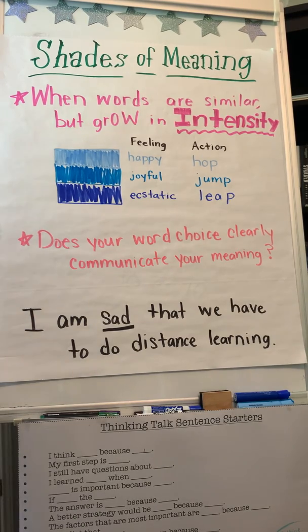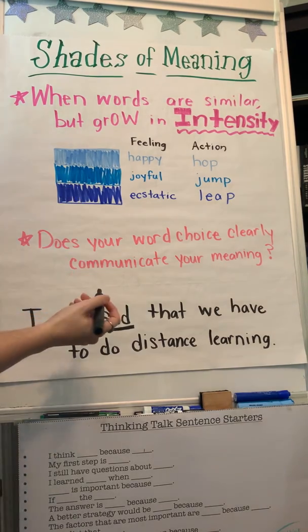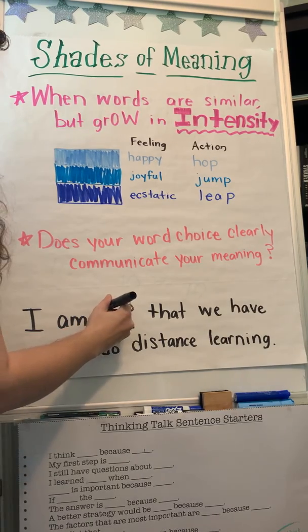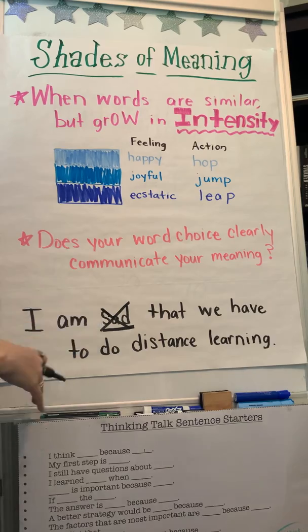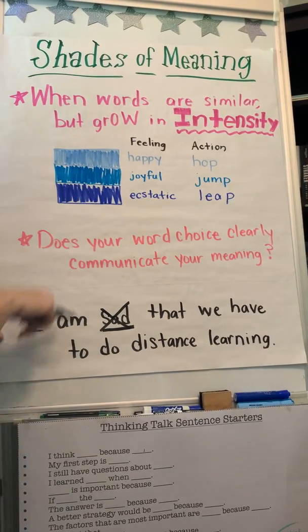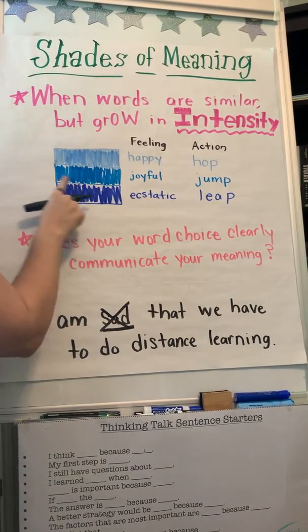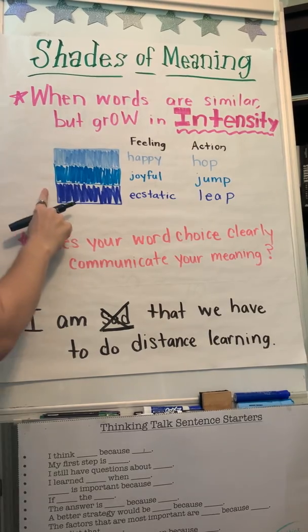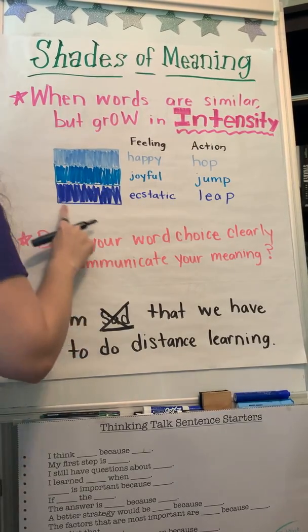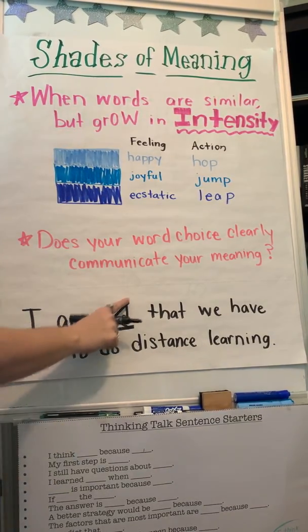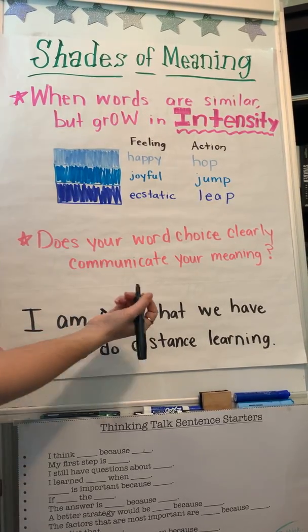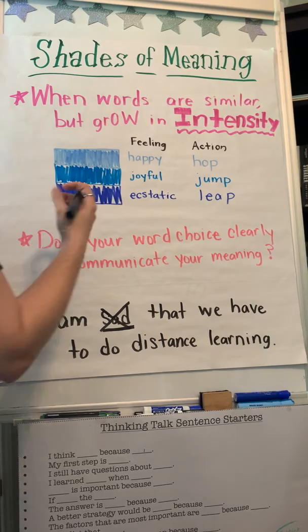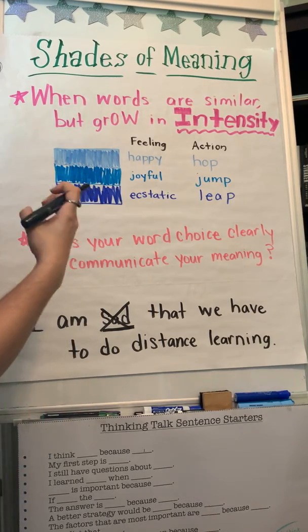So, we're going to cross this guy out. We don't want little light sad, because I'm not little light sad about this. I'm not medium sad about this. I am the most sad I could possibly be. So instead of saying sad, I am going to say a word that means sad, but is really powerful sad.